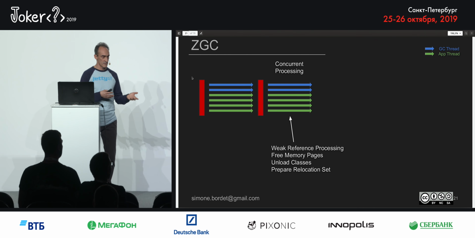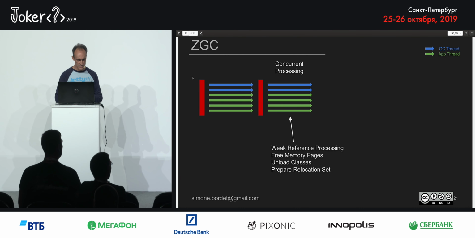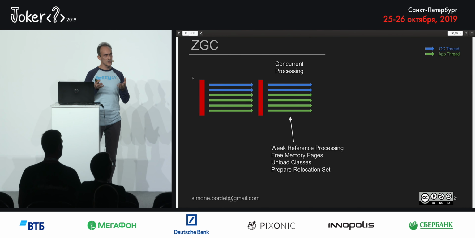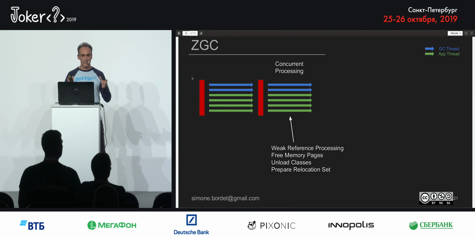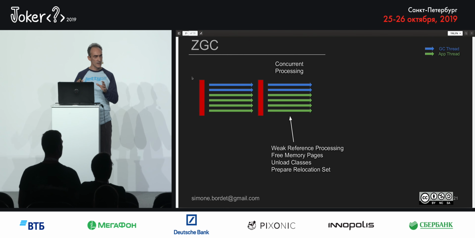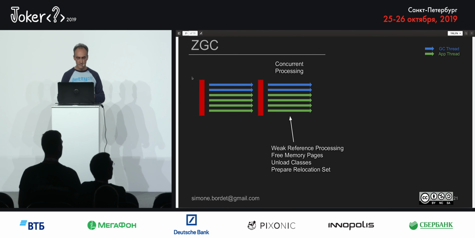This is available in JDK 13, definitely. And it also prepares for the next phase, which is the compaction of the heap, right? So it says, okay, now that I'm doing all these things, I have a lot of information. Let me prepare all the data structures that I need for the next phase.